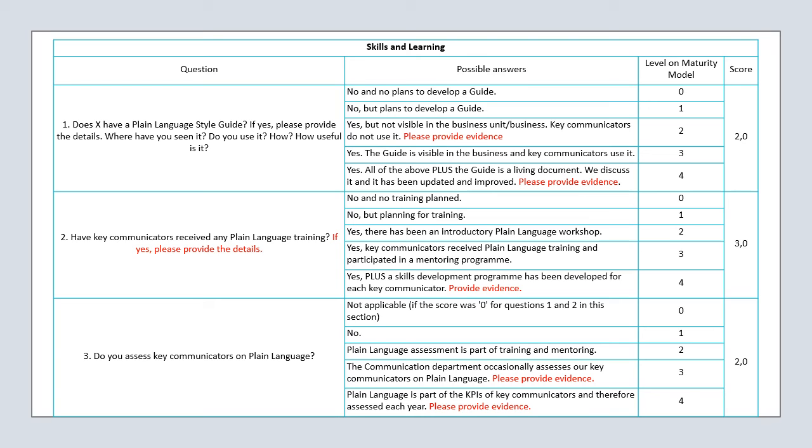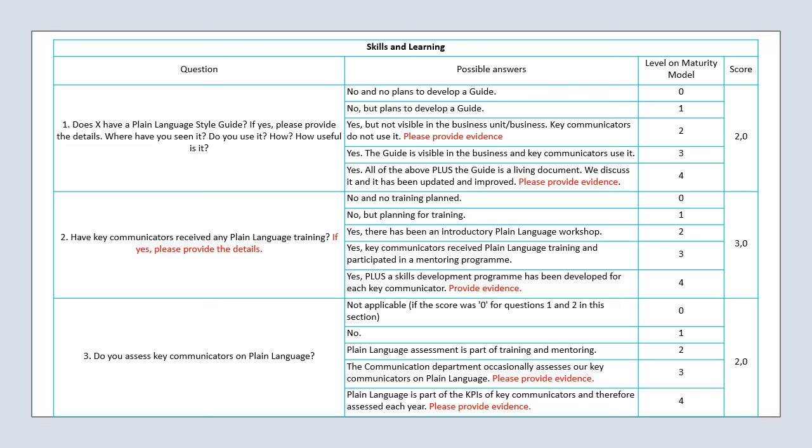Then in the second column, there are possible answers. You might find that the possible answers that you have here are not exactly those that people give you, and then you might have to restructure them slightly. Associated with each possible answer is a level on the maturity model.